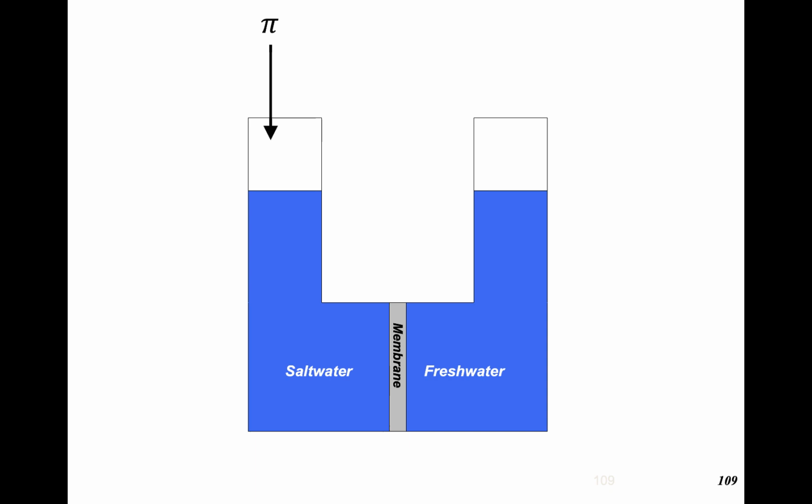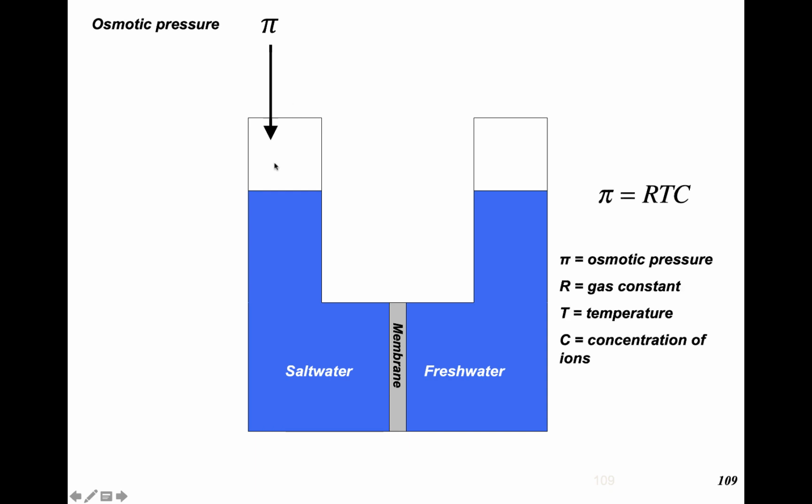If we apply a hydrostatic pressure to the salt water, that hydrostatic pressure, as we have seen, can drive the flow of water across the membrane. And if we apply a hydrostatic pressure that is just sufficient to keep any of the fresh water from coming across the membrane, that hydrostatic pressure would be called the osmotic pressure.